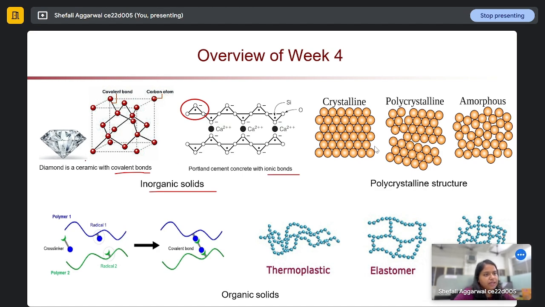If we take an example, in the case of covalent bonds, we have diamond, which is a type of inorganic solid, and in the case of ionic bonds, one example is our normal Portland cement, which has a tetrahedral structure of silicon.